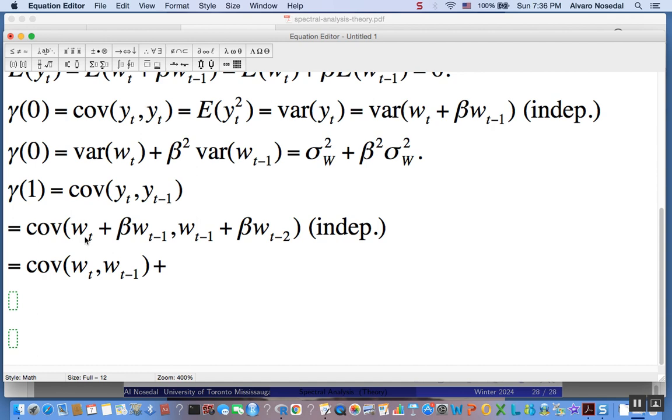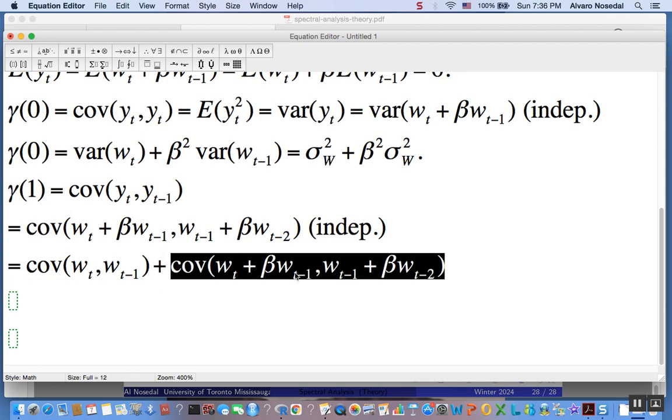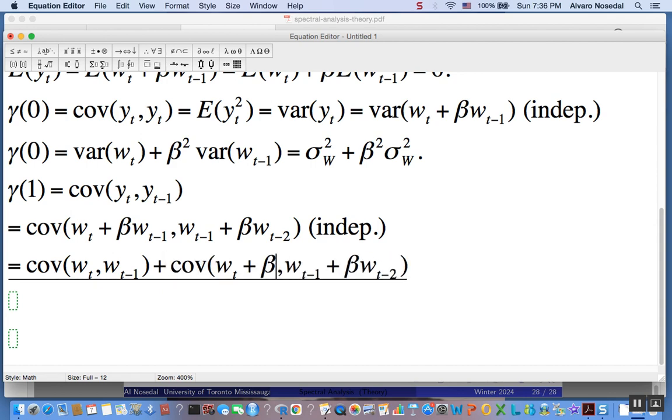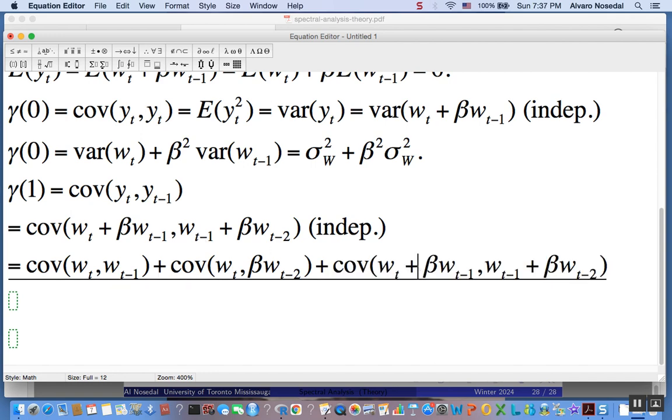Now we would have covariance between wt and beta wt minus 2. Okay? So let me do that one here. Agreed? So we have wt, wt minus 1, wt, and beta wt minus 2. Okay? 2 more to go. So now what we need is beta times covariance of wt minus 1 and wt minus 1. So let me do that one here.